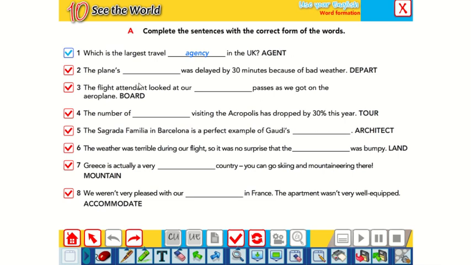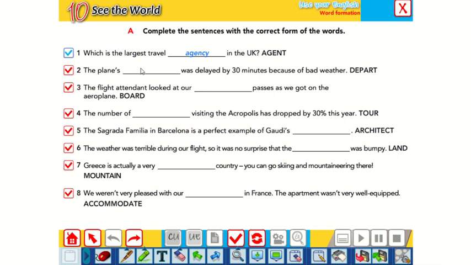It's not "the plane is", right? Why is it not "the plane is"? If we look at the word after the space, we have "was delayed", so that is the verb. So it is not "the plane is". It is the plane's, which is the apostrophe s.